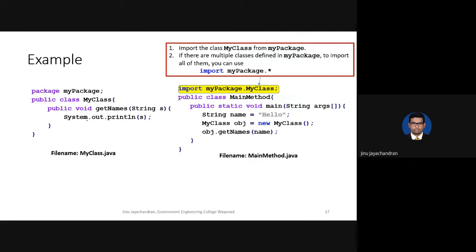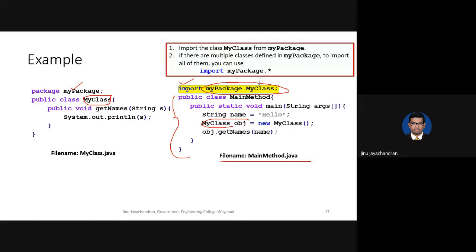Now, if I want to use this class, MyClass, from mypackage, let's say you have another file called MainMethod.java. So you import mypackage.MyClass, and then you can write your own program, and inside it you can access MyClass.